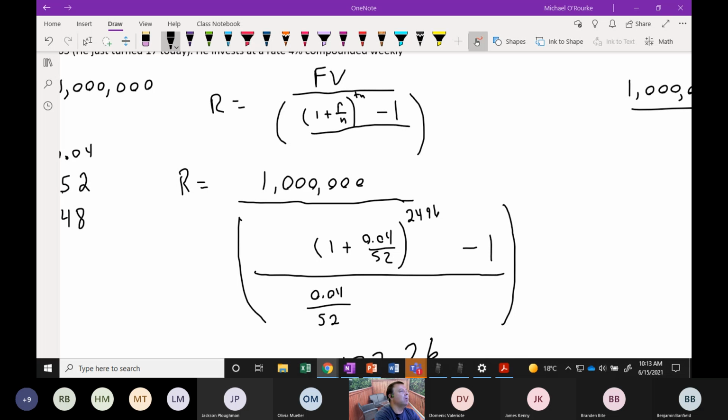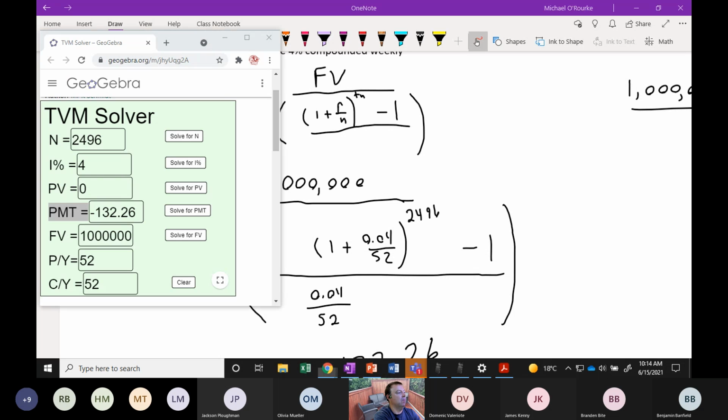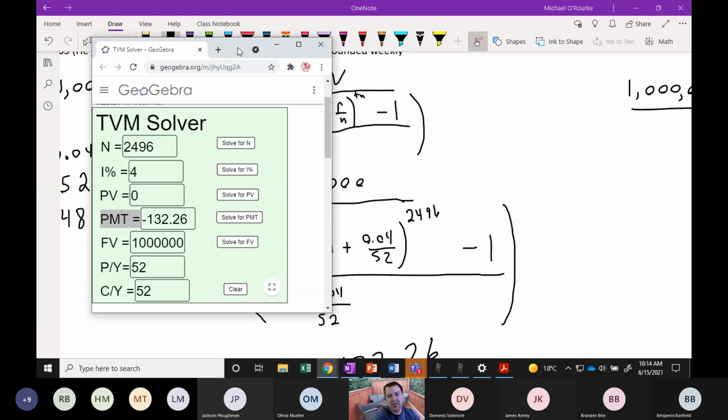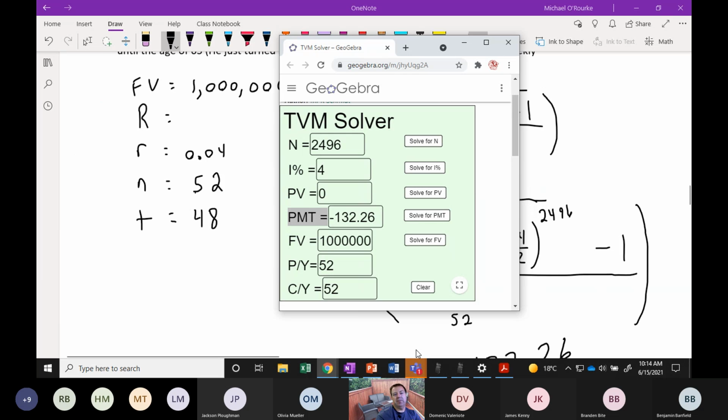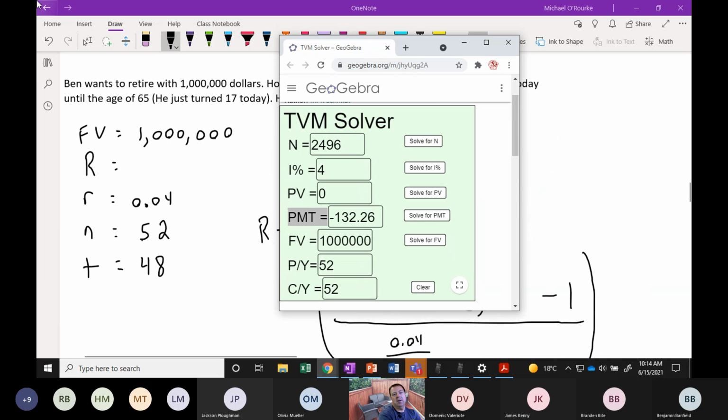All right. So, yes, I can demonstrate it. Let me go back to the TVM solver first. My payments per year and my compounding per year are the same. So that's 52 times I'm going to pay per year, and it's compounding 52 times per year.